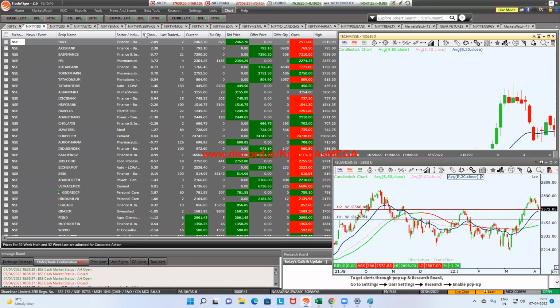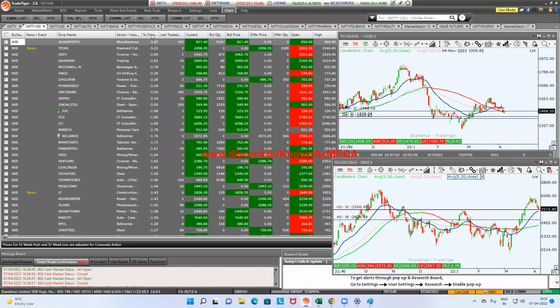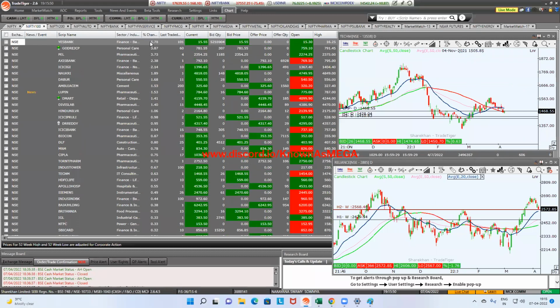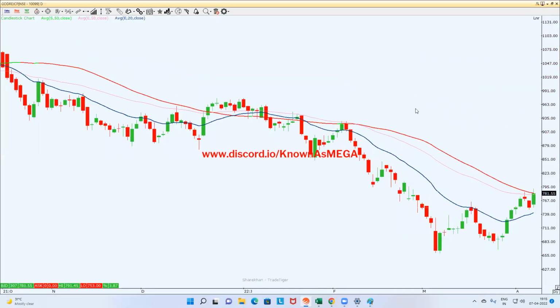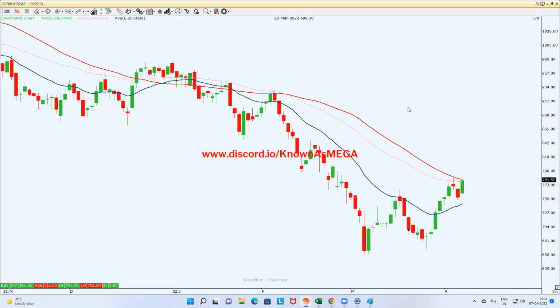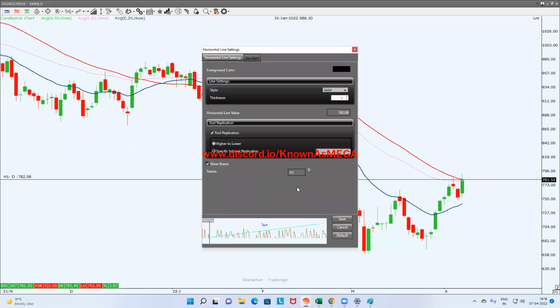Any stocks in mind? I asked you guys to look at Tata Power. How did it go, guys? 275 it was. Almost touched 300. So look, we are marking the current market price.